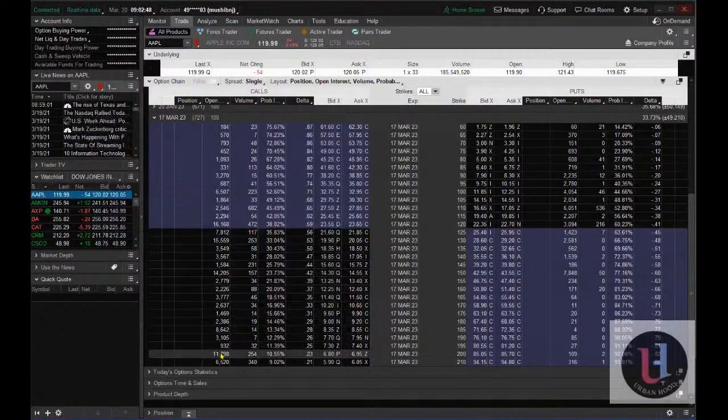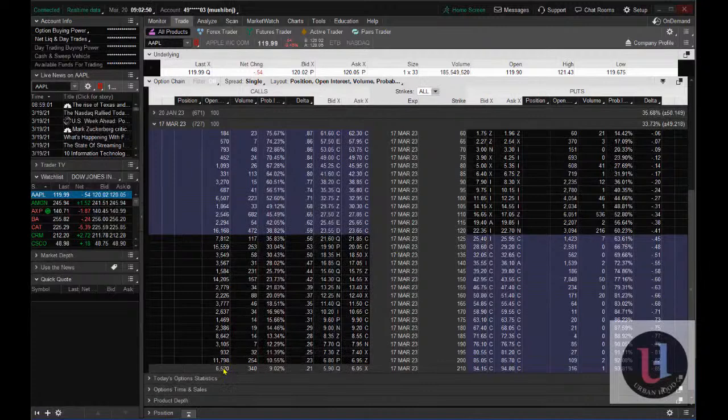But look at that open interest, this many contracts already out, and the volume is not bad. A very good amount of volume went through last week, which is also good, because people feel Apple is more bullish.